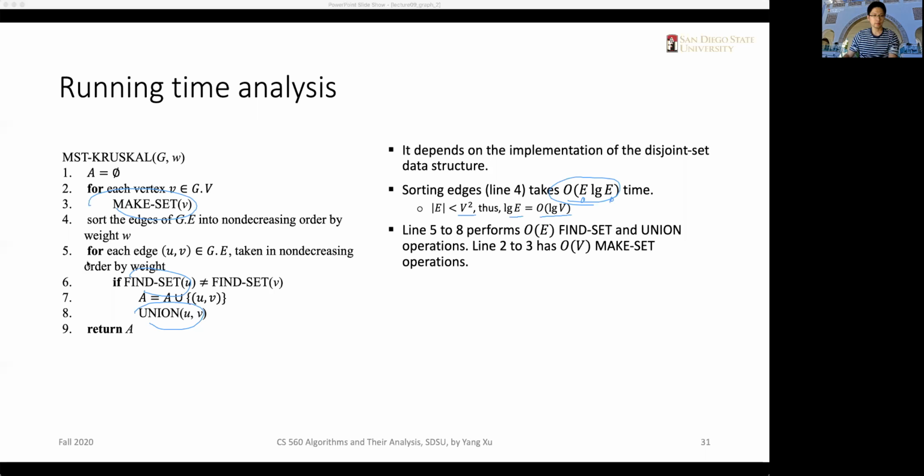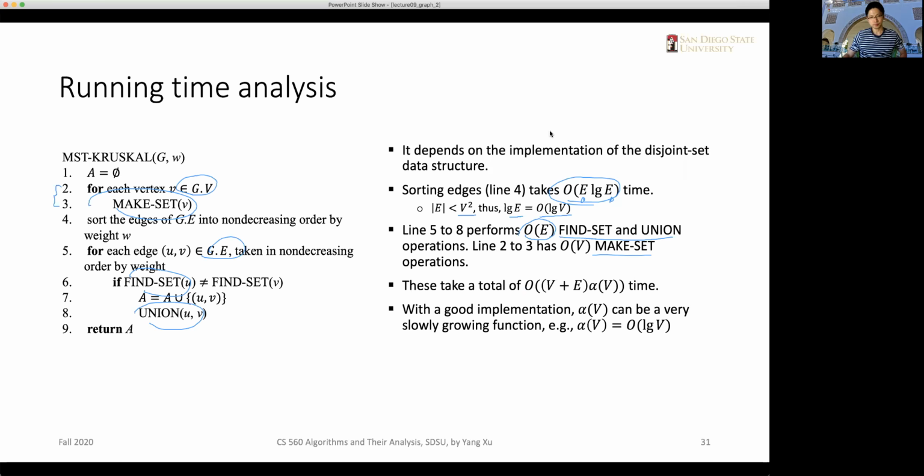Okay. So from line 5 to 8, we need to go through all the edges. So that will be big O of E times find set and union operations. And from line 2 to 3 here, it will be big O of V times make set operations. Put that in total, if we assume that the set operations cost alpha of V, the total cost will be big O of (V plus E) times alpha.